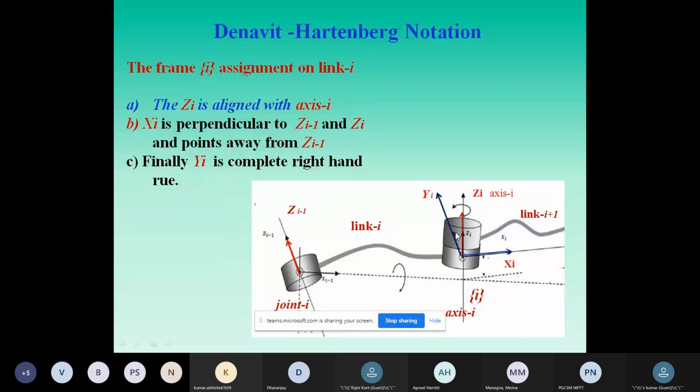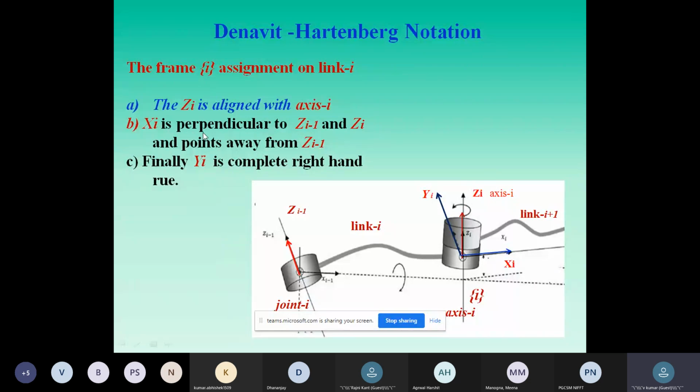Where is zi? zi should be aligned with the joint axis. This is a revolute joint, so zi will be along the axis about which it is rotating, and zi should be along the axis of rotation.